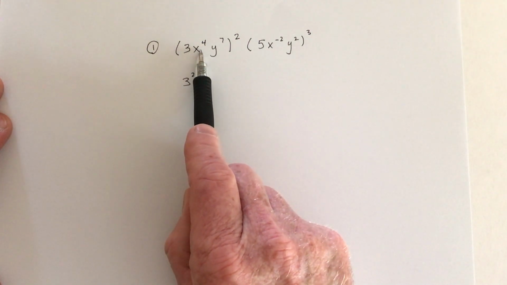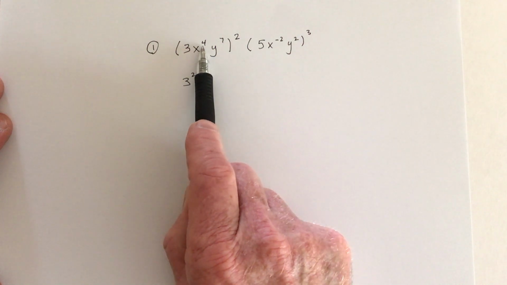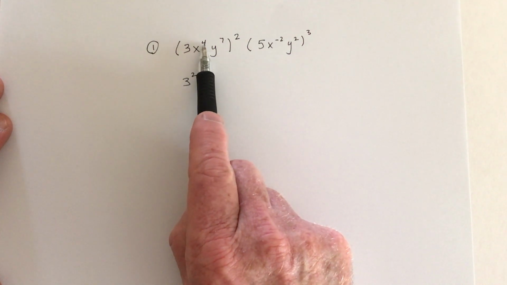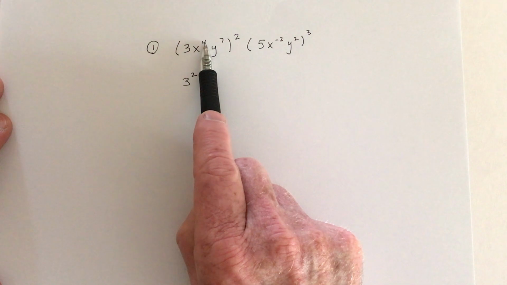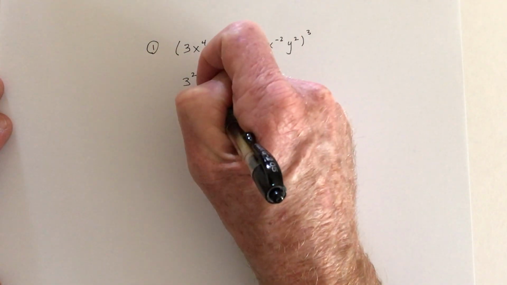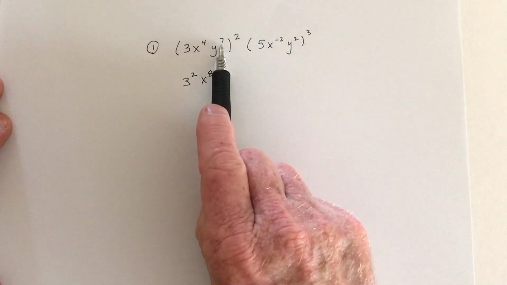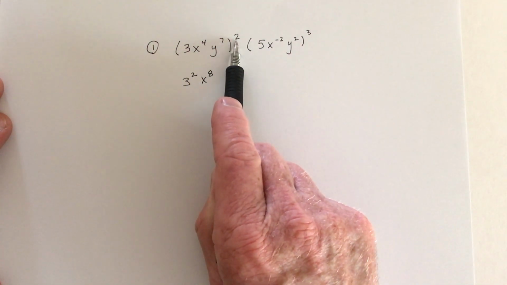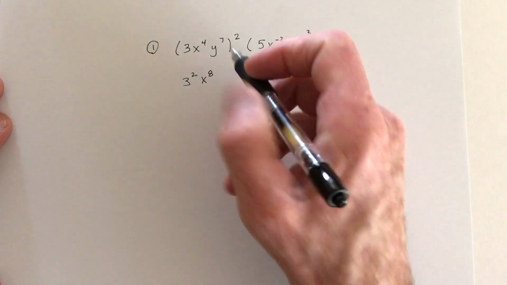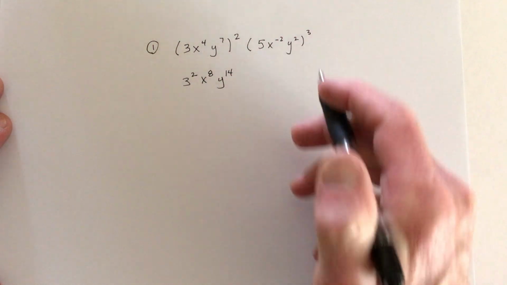and oh, here's one I forgot to mention. It's okay, now I can mention it right now. When you have a power and you raise it to another power, you actually multiply these two. So for the x, it's going to become x to the 8. And when you have y to the 7 and it's raised to the second, multiply these two, so that's going to be y to the 14.